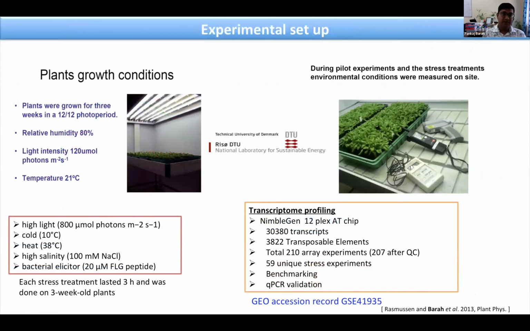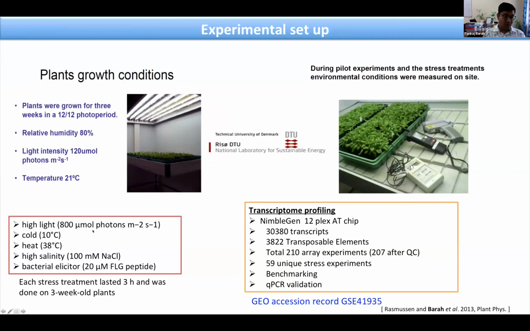This was the experimental setup. It was a very large-scale experiment conducted for the first time in a very uniform setup. It was done at the Risø National Laboratory in the Technical University of Denmark in Copenhagen. All the plants were grown in the same condition to reduce any kind of experimental bias.